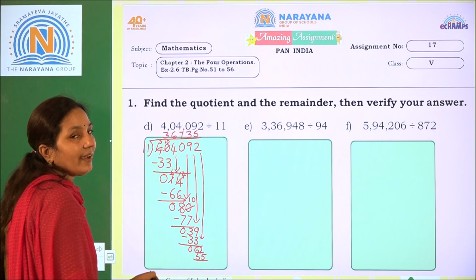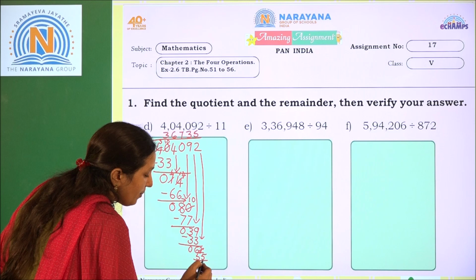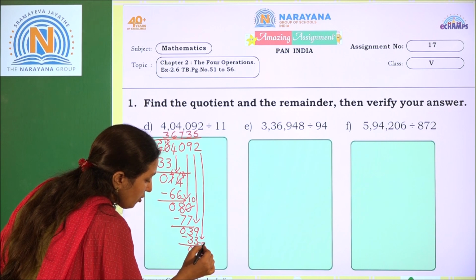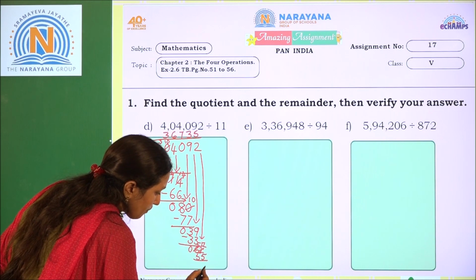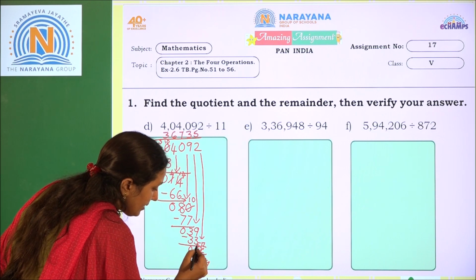So 2 minus 5, can we subtract? No. Again we have to do regrouping. 2 will become 12 and this 6 will become 5. 12 minus 5 is how much? 7. And 5 minus 5 is 0.